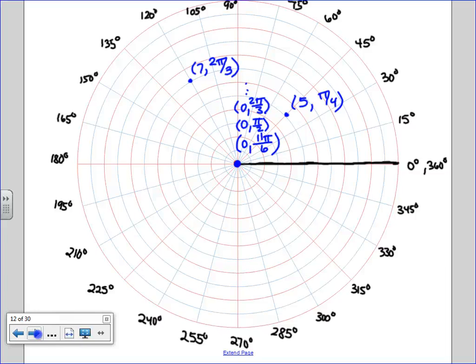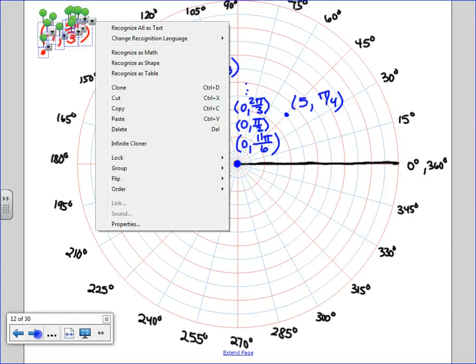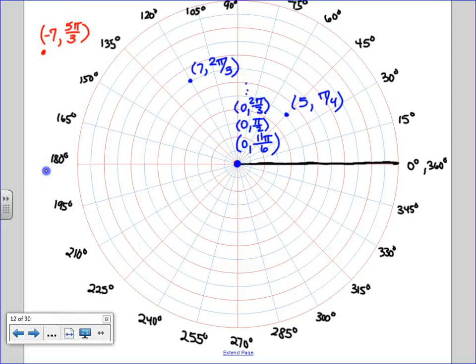What if I was to give you the point -7 and 5 pi over 3? First go to 5 pi over 3. Where would that be? 300 degrees. Fourth quadrant. 5 pi over 3 is pi over 3, 60 degrees, away from 360, which would be at 300.